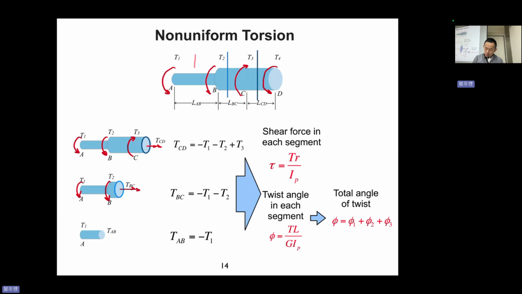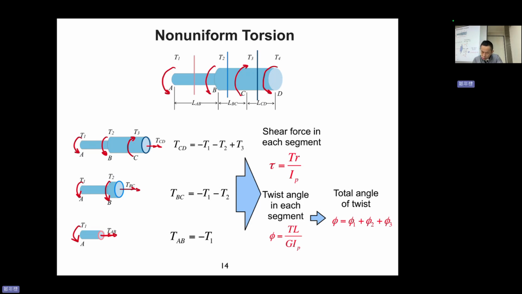Then the AB section: cut it, you get TAB assumed pointing to the right-hand side, and your T1 is still there, so TAB equals minus T1. Just very similar to what we learned in chapter 2, right? So you have TCD, TBC, TAB, and then the shear stress in each segment is TR divided by Ip. This T is TCD, TBC, or TAB, and you get each shear stress.